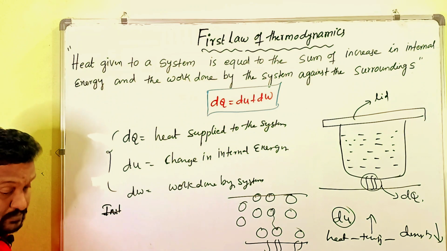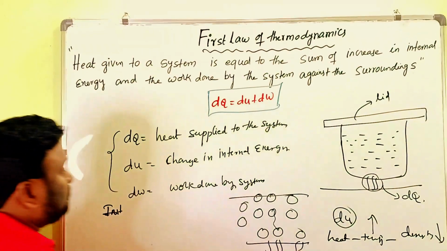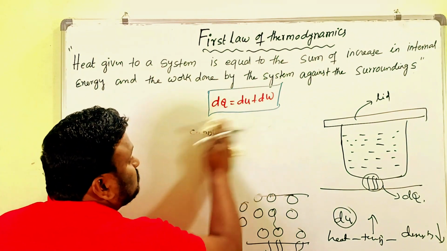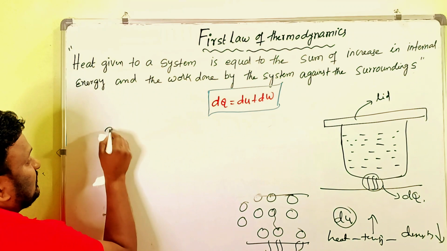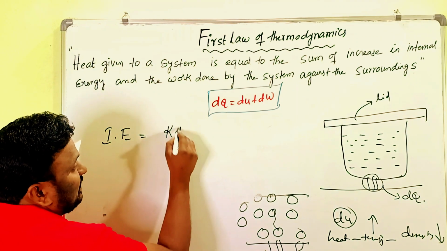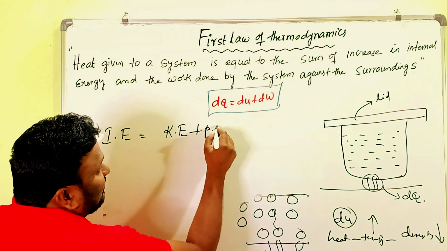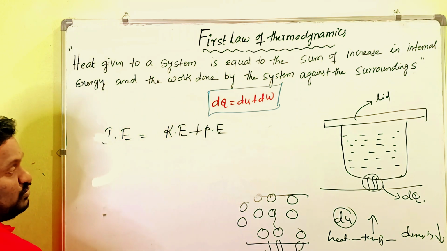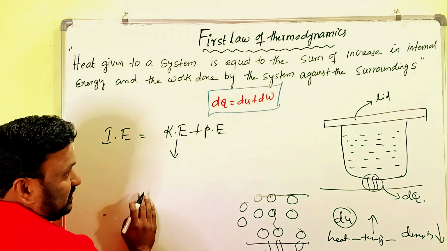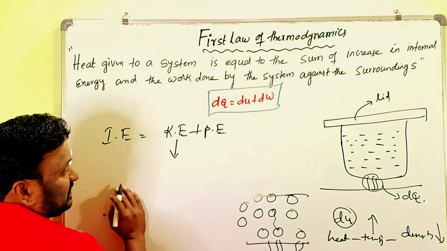Internal energy can be defined simply as the sum of kinetic energy and potential energy. The molecules are moving from one place to another, so they have kinetic energy.